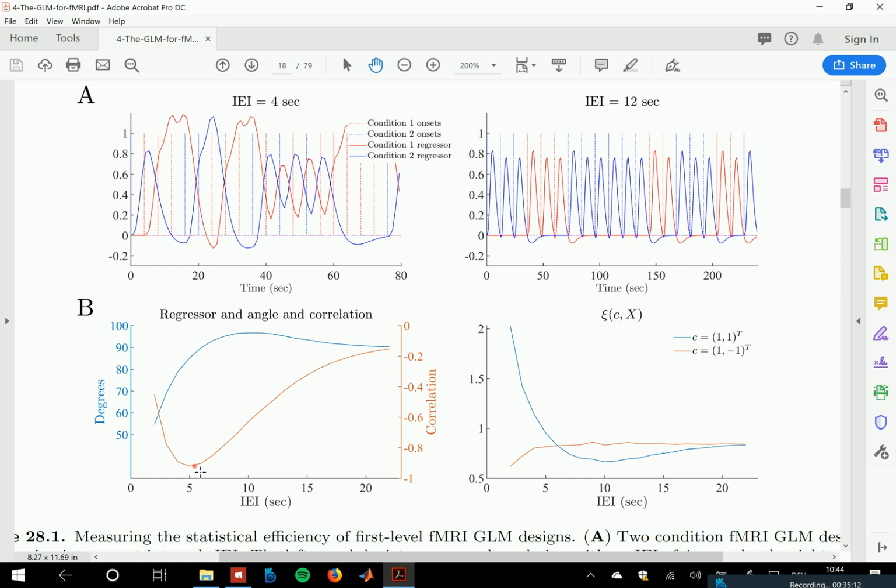It's particularly strong if you have an inter-event interval of 5 seconds, and then as you put the events further and further apart, the correlation reduces more and more. This is averaged over many instantiations of the designs with an inter-event interval of 4 seconds, 5 seconds, 6 seconds, and so on.